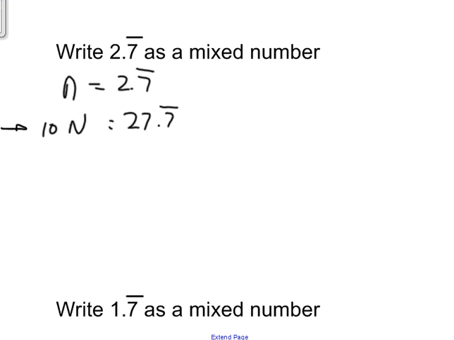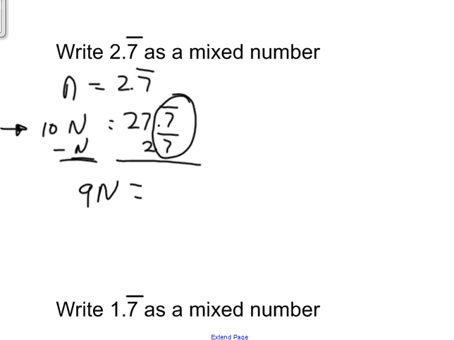I'm going to take this equation, and I'm going to subtract n from this side. If I subtract n from this side, I have to subtract n from this side, but I'm not going to write n, I'm going to write what n is equal to, which is 2.7 with a bar over it. 10n minus n is 9n, and 27.7 with a bar minus 2.7 with a bar, these two repeating parts cancel each other out, leaving me with just 27 minus 2 or 25.